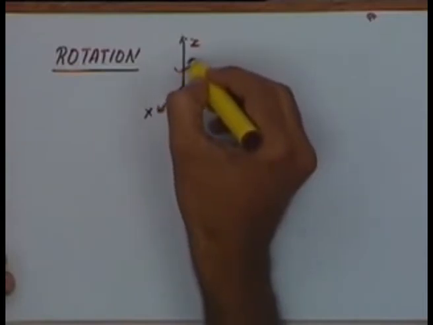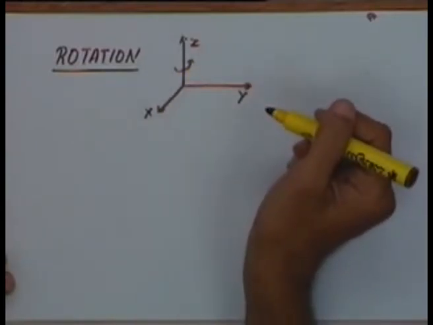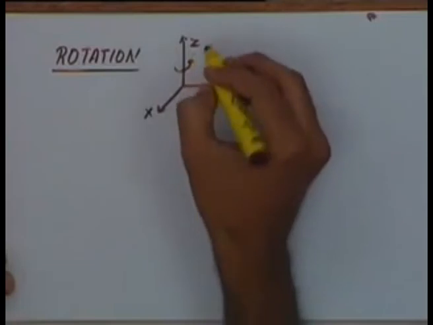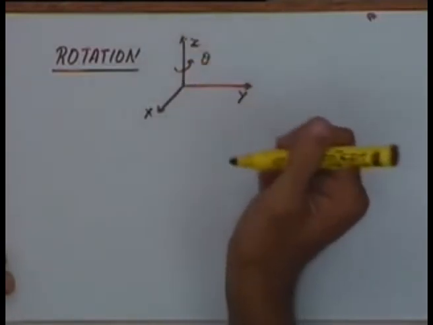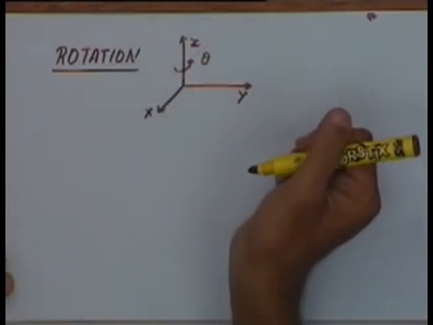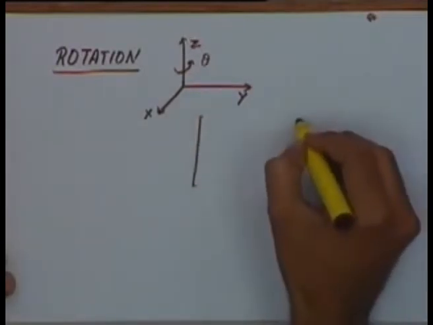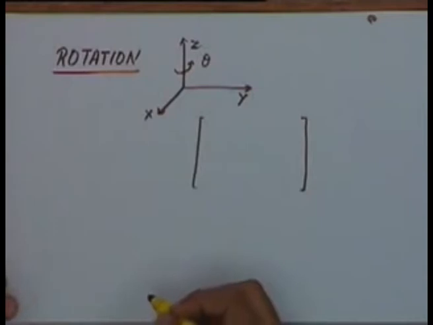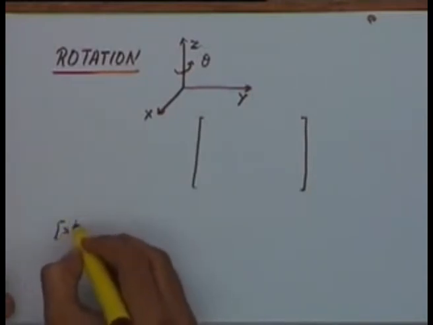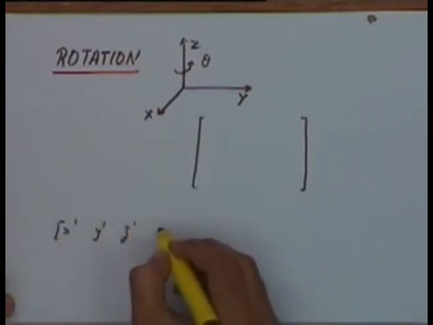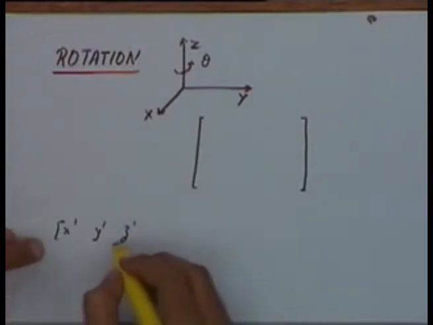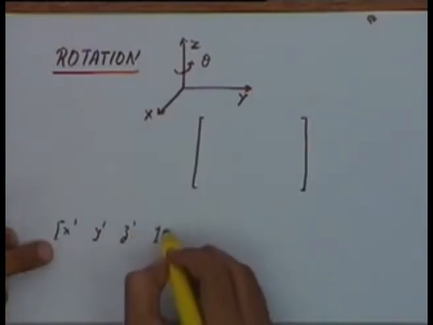We want to rotate about the z axis by an angle theta counterclockwise as we look from the top. For that, what will be the transformation matrix? x prime, y prime, z prime. These are 3 points.